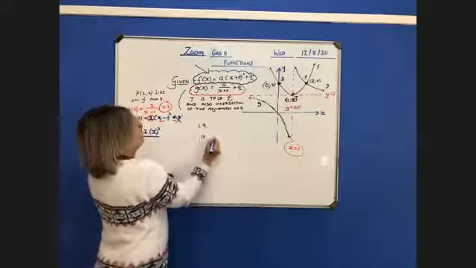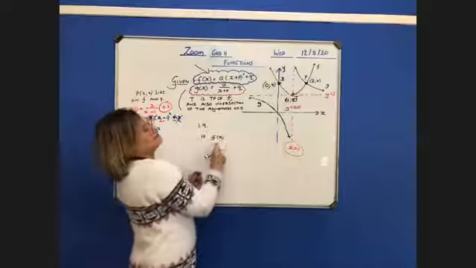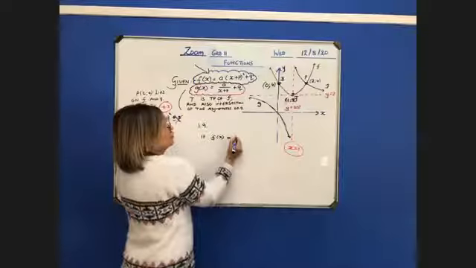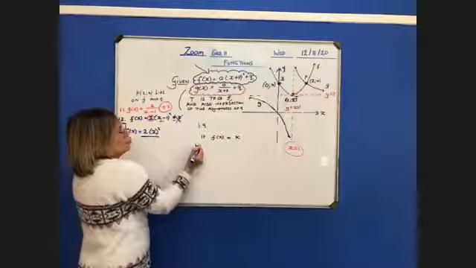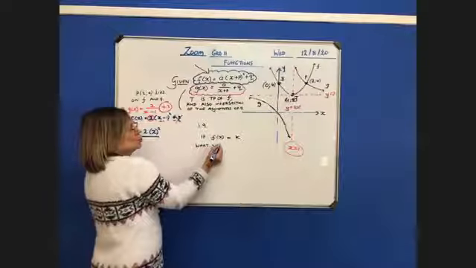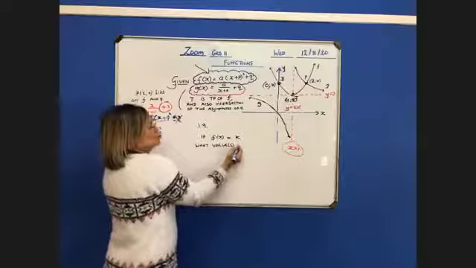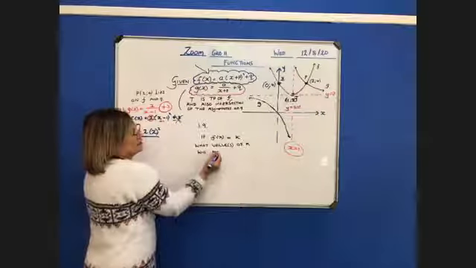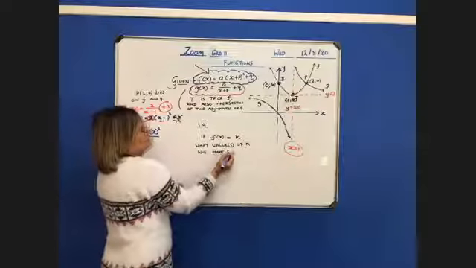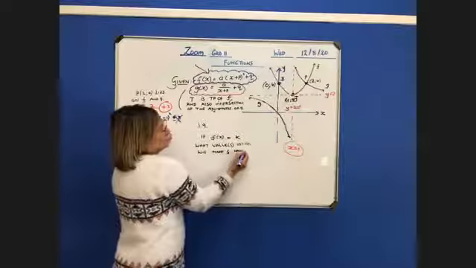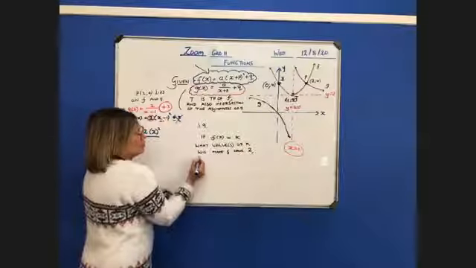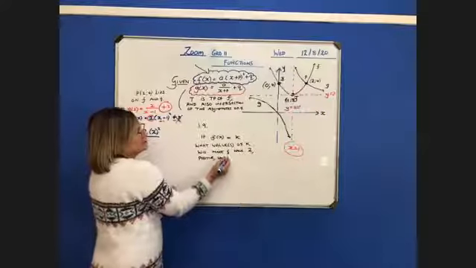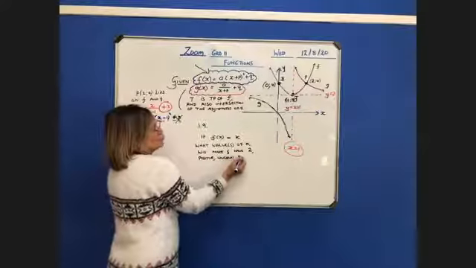If the parabola f of x, and please take note, I'm talking about the original one, equals k, what value or values of k will make my parabola f have 2 positive unequal roots?